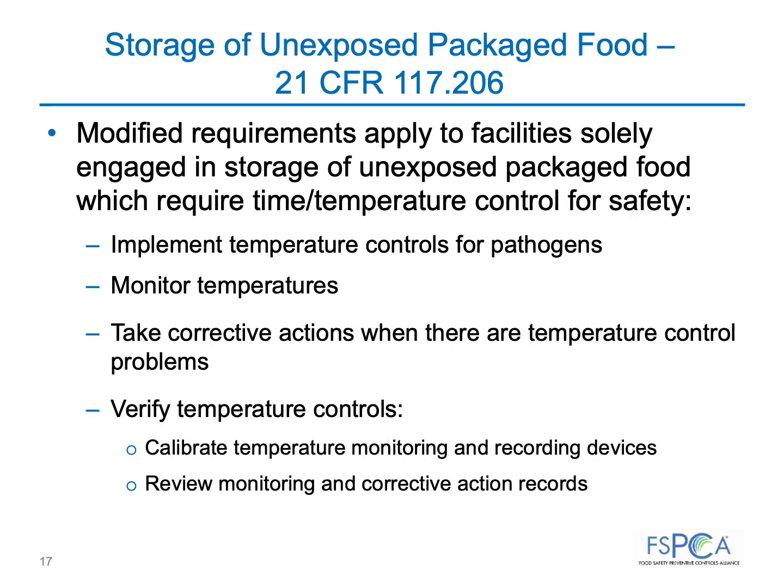For facilities that are solely engaged in the storage of refrigerated packaged food, e.g. refrigerated storage warehouses, there are requirements for time temperature control if the product can support pathogen growth or toxin production. These include monitoring temperatures and taking corrective action when appropriate. Verification activities related to temperature monitoring also apply.